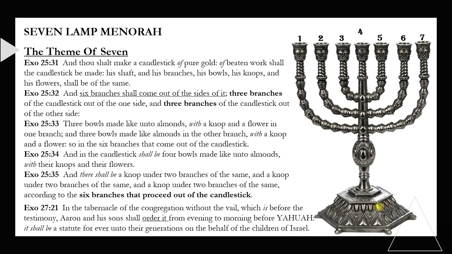So in the 6 branches that come out of the candlestick, and in the candlestick shall be 4 bowls made like unto almonds, with their knops and their flowers. Verse 35. And there shall be a knop under 2 branches of the same, and a knop under 2 branches of the same, and a knop under 2 branches of the same, according to the 6 branches that proceed out of the candlestick.